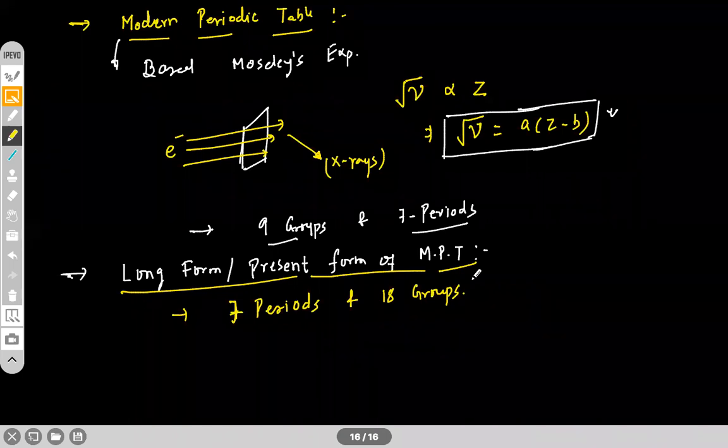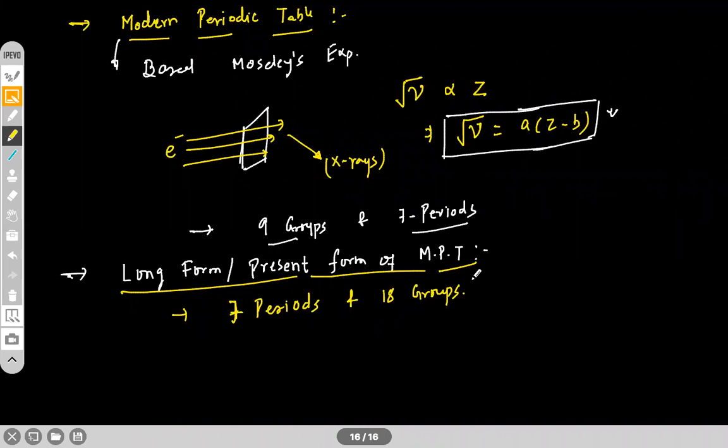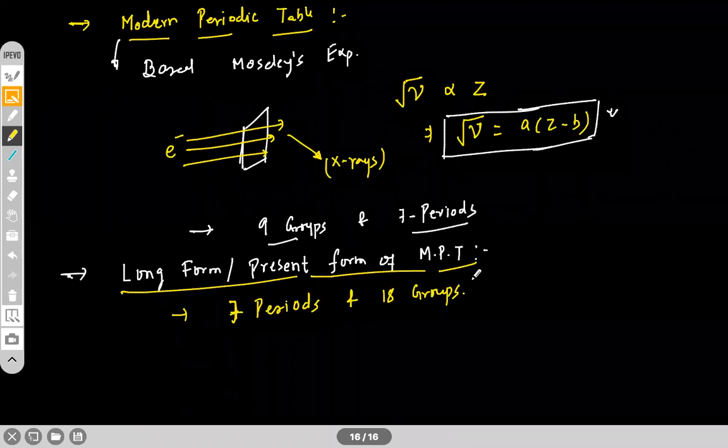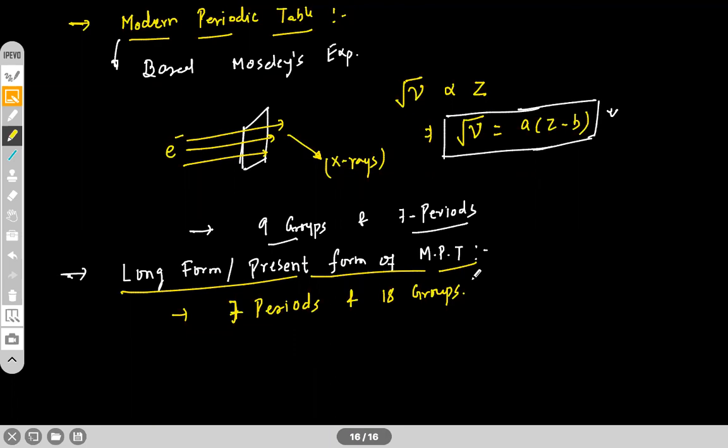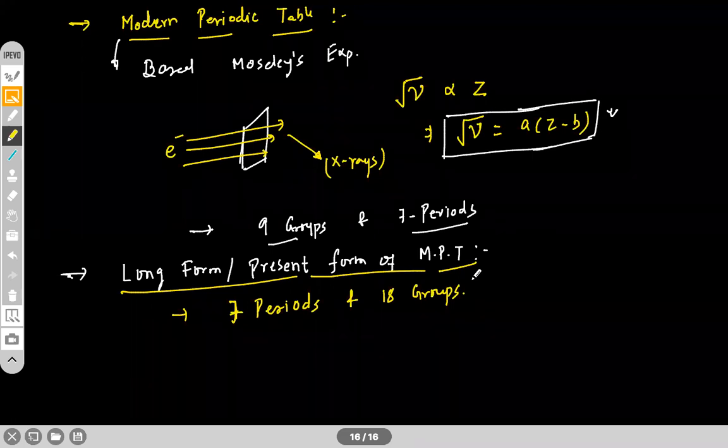One last point you write down here: the elements belonging to the same group have the same number of electrons in the outermost shell, and hence their properties are similar.